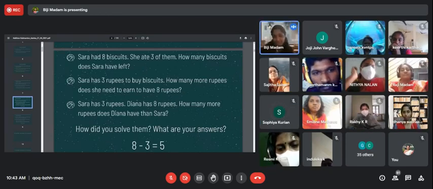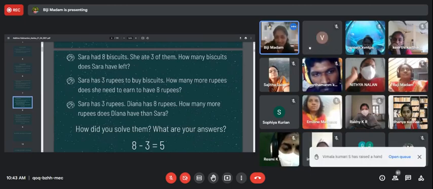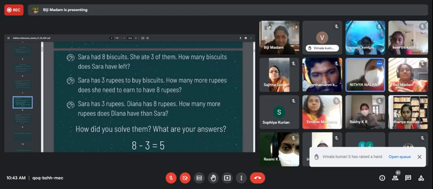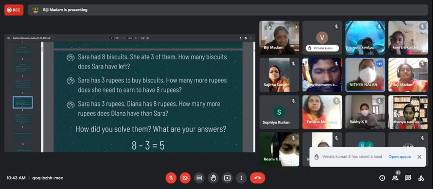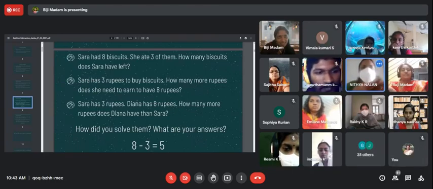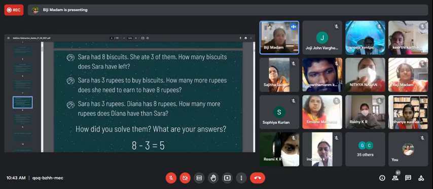A small child of class 1, how will the child be solving it? Madam, the child will, with the help of her fingers, count 8. Then she will fold 3 fingers. And then she will count how many fingers are left. Okay, so by using fingers. Nitya, thank you. Very good.